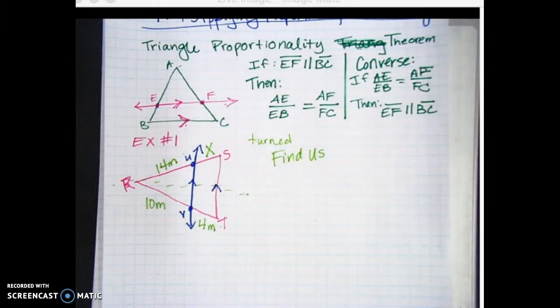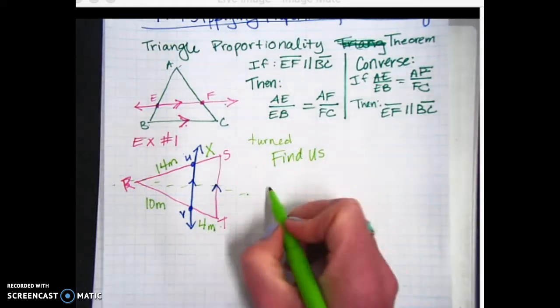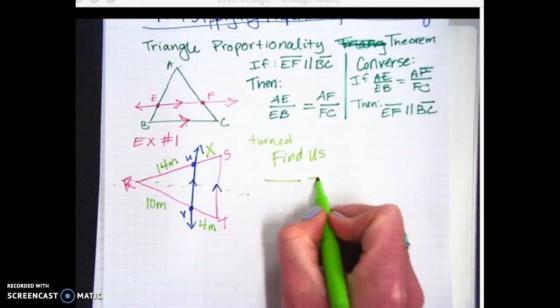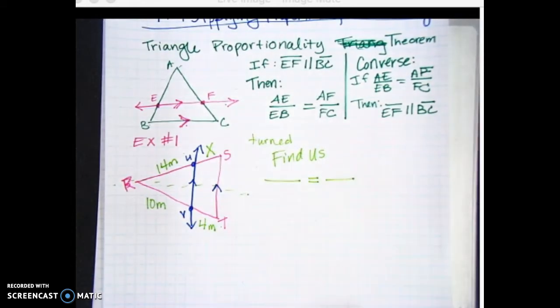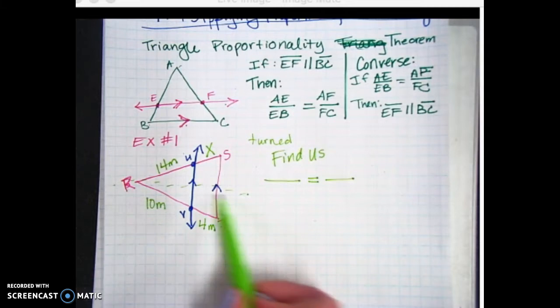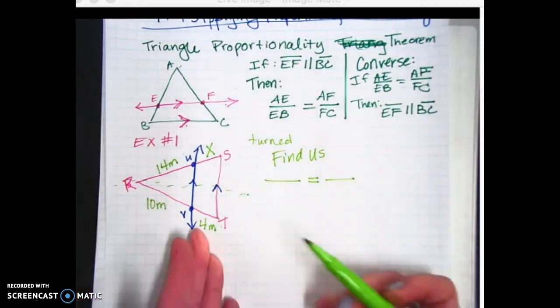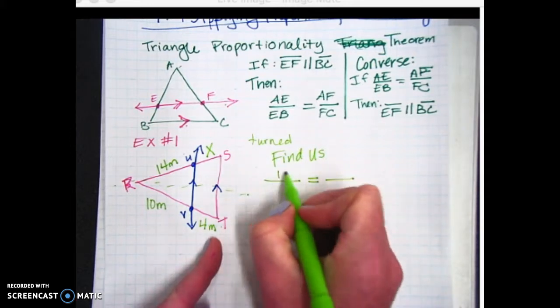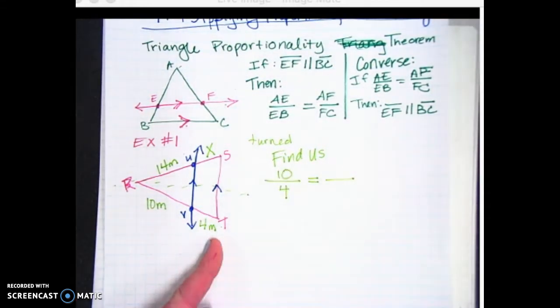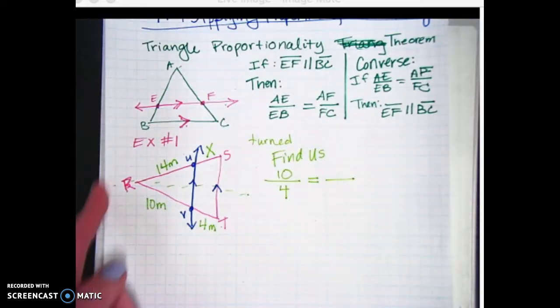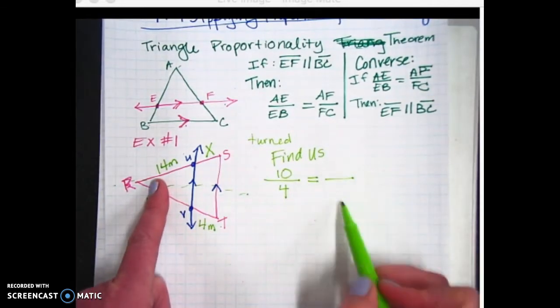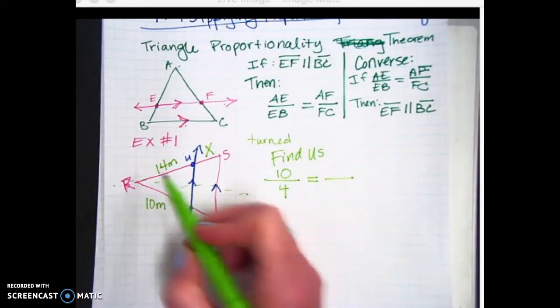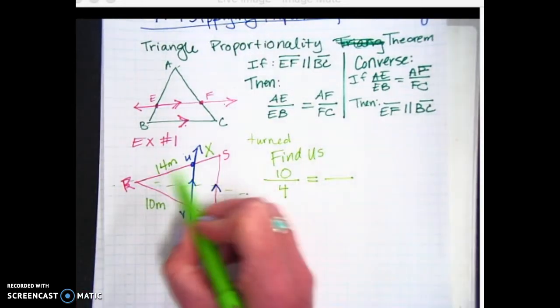Usually X, okay? So when I go to set up my proportion, I'm going to do a fraction equal to a fraction. And since I've kind of mentally cut it in half and go, okay, this is my left side, numerator, denominator, top, bottom. So I'm going to go 10 to 4. Okay, turn your head if you need to. And then I've got my right side, my right fraction, and I've got top to bottom, numerator to denominator.